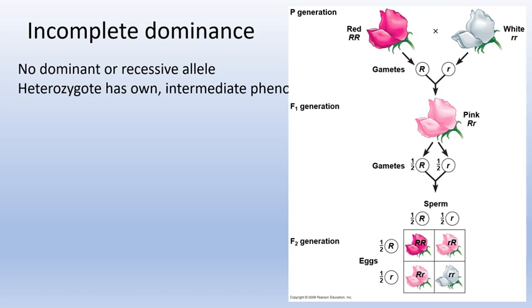In this example, which is a good illustration of this, there's an allele for a red flower, and when you have two of those alleles, you get a red flower. There's also an allele for a white flower, and when you get two of those alleles, you get a white flower. However, when you get one of each of these alleles, you get a color in between red and white, meaning pink.